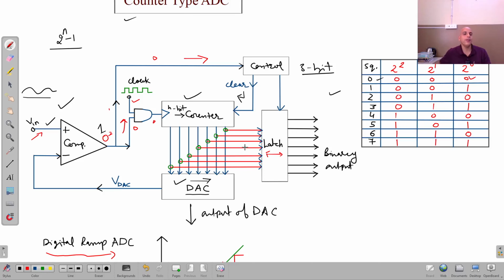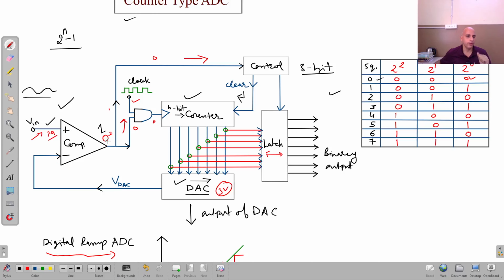So this will complete one conversion. Suppose the output of the DAC at that time was 3 volt. Then that 3 volt will appear here. Suppose the input was 2.9; at that time 3 is more than 2.9.